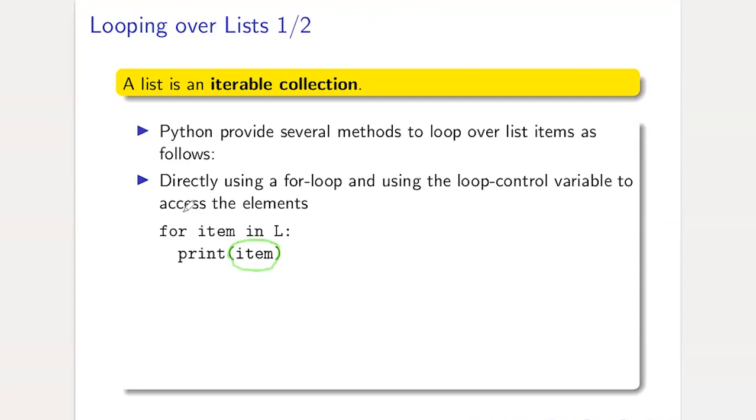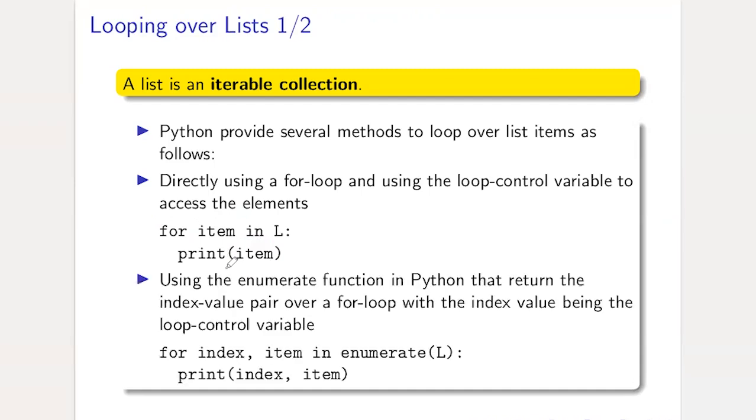We start from the beginning. The first time we come into the loop, we get the first item, the item at the 0th address, and then the next time around we get the item at address 1, and so on and so forth. This is straightforward using a for loop.